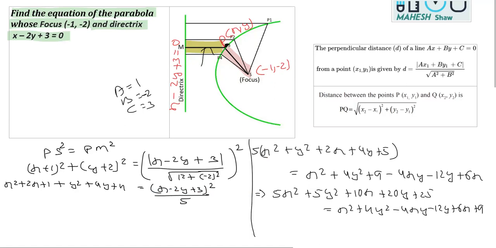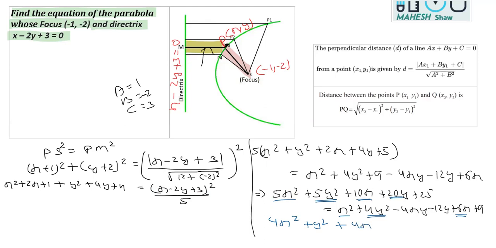Now we can see there are some like terms. As you can see, this 5x square and x square, like that, we have like terms. So we'll be solving the like terms. What we get: 5x square minus x square will be 4 times x square. 5y square minus y square will give you 4y square, and then 10x minus 6x will give you 4x.